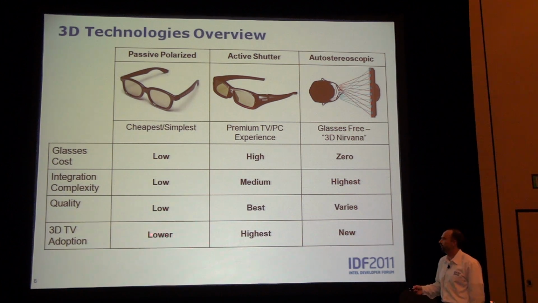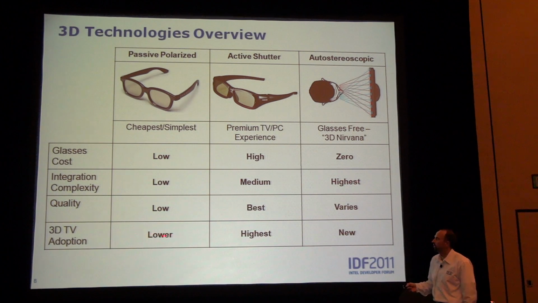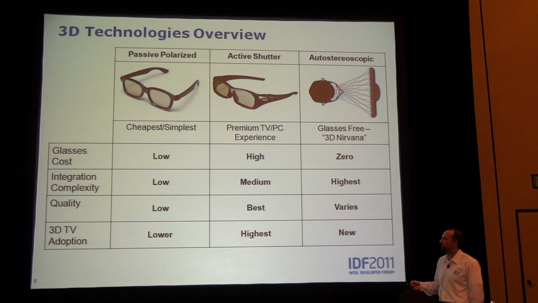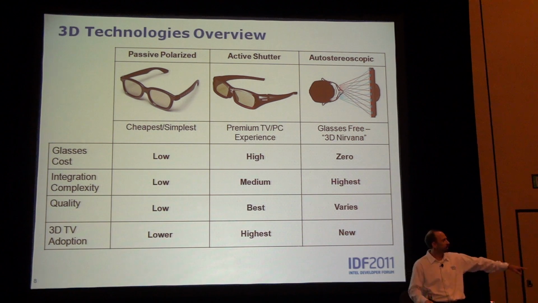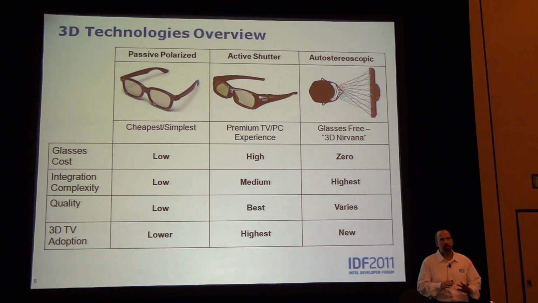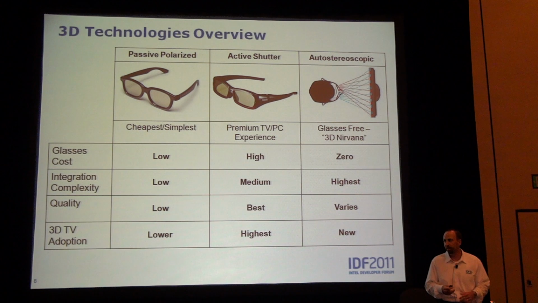And so from a 3D TV adoption standpoint, you're seeing some adoption in the LG space, specifically around passive 3D TV. Most of the TVs from Panasonic, Sony, and Samsung are all in the active shutter space, so we're seeing some fragmentation there. But eventually, I think the nirvana, the ultimate holy grail of 3D, is going to be autostereo, so you don't have any glasses required. We do have a demo up here where we have glasses-free 3D playing media content.